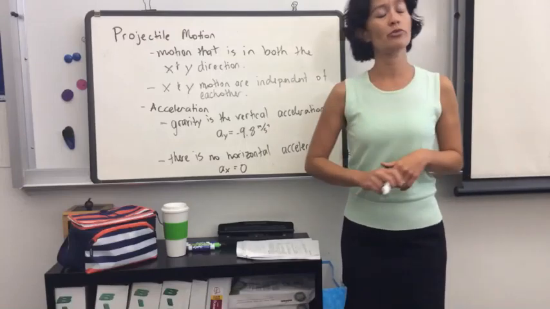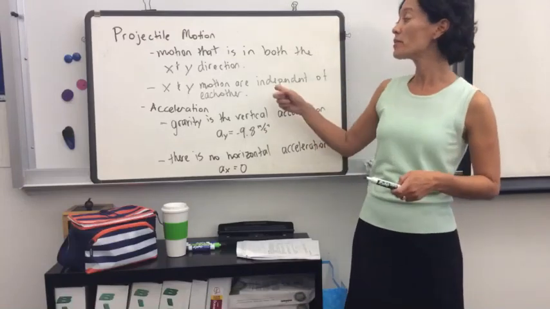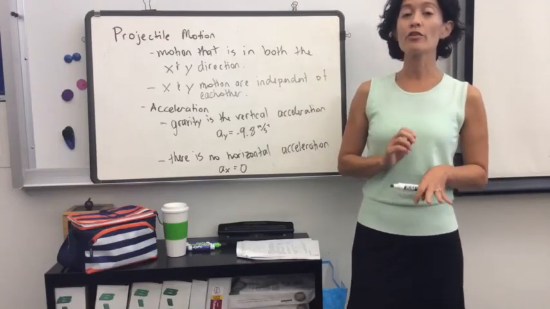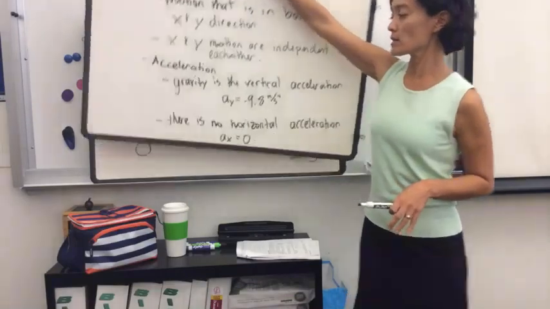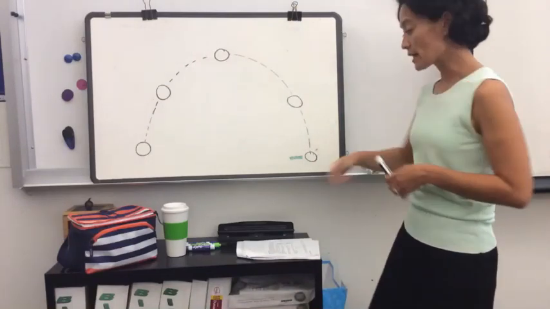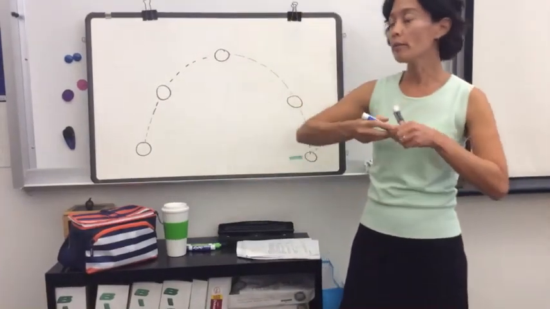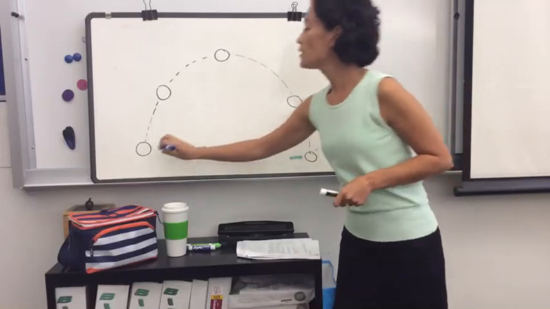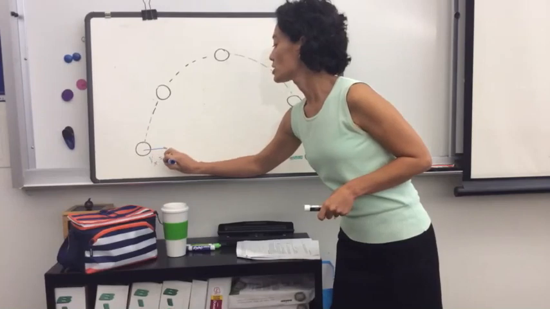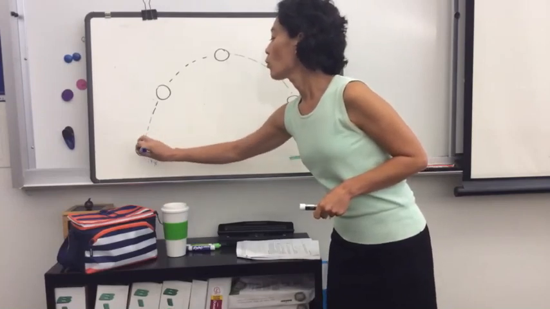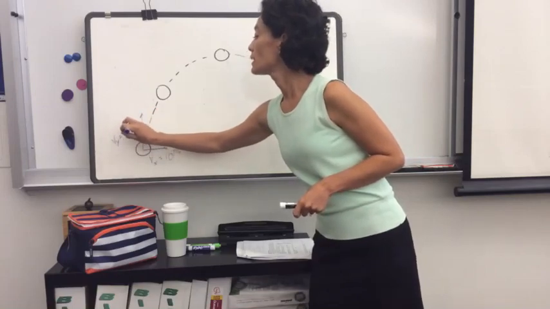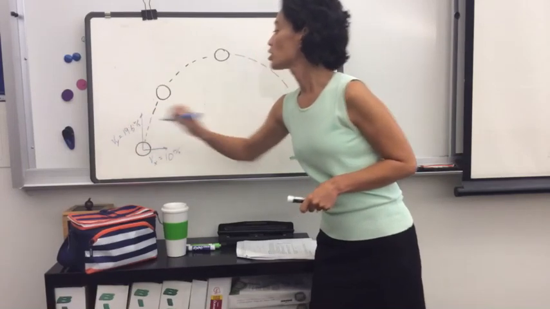So the only acceleration you have is a vertical acceleration, and from this statement, we're saying that the vertical acceleration is only going to affect the vertical velocity. So what that looks like in terms of how an object moves: let's say I have a ball and I throw it up such that it has an x velocity of, let's just say, 10 meters per second, and a y velocity of 19.6 meters per second.